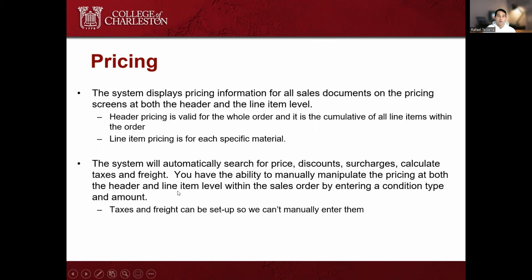The system will automatically search for prices, discounts, surcharges, and calculate taxes and freight. You have the ability to manually manipulate the pricing for each line, for each product. The taxes are going to be computed. Again, we're going through the process: shipping and route determination, which location, then we have the product, and then the price, how much it's going to cost.